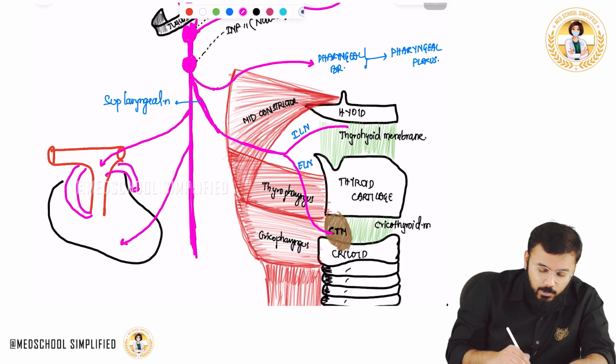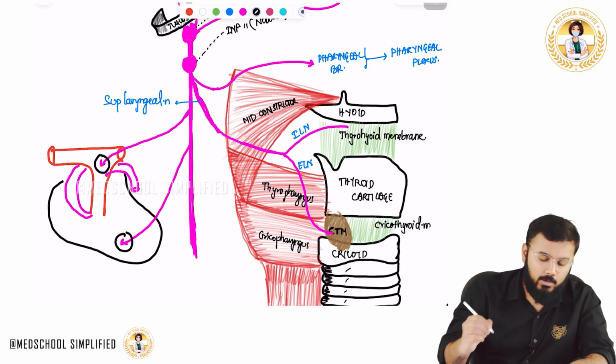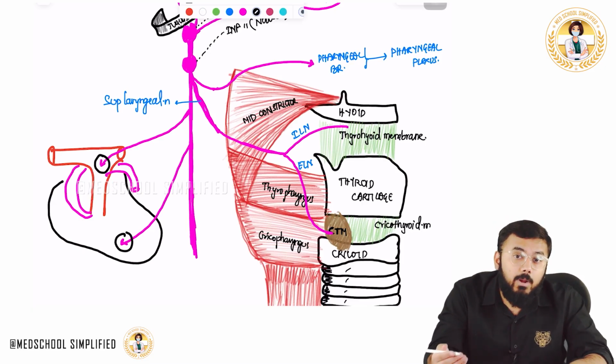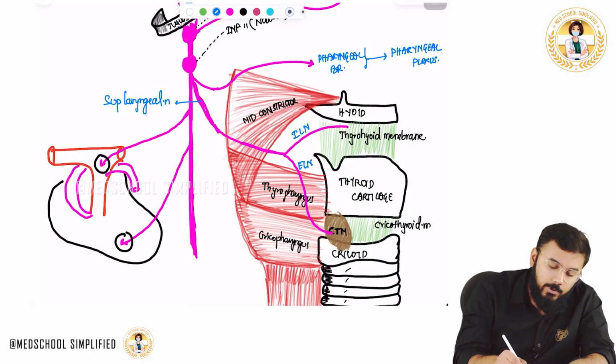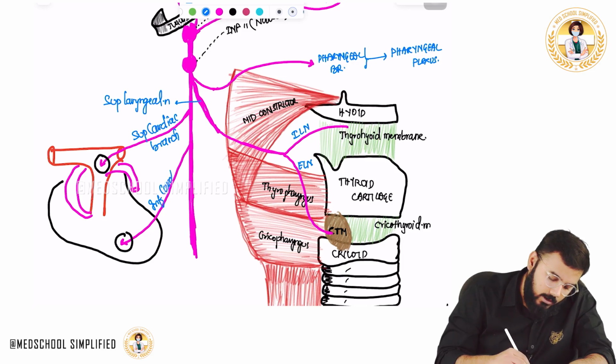Another branch supplies the bottom of the heart. For supplying the top surface and the bottom, there are two important nerves: the superior cardiac branch and the inferior cardiac branch.